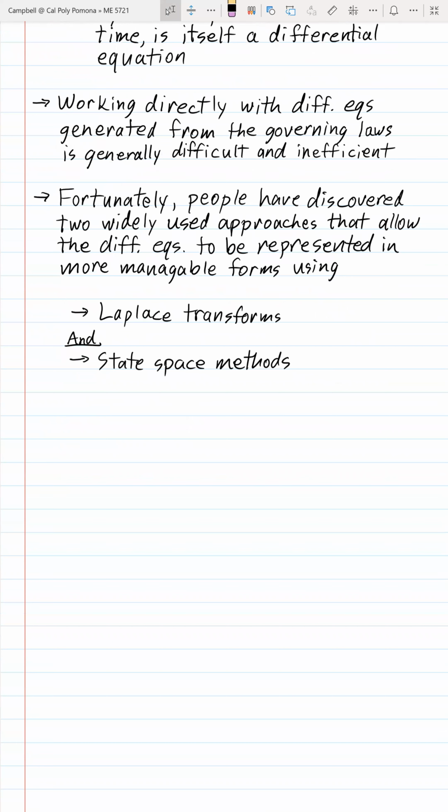So just as a bit of a reminder, and because we are going to continue to compare and contrast between the S domain and the Laplace transform and what we are working with when we deal with these state space methods, let's go ahead and capture the Laplace transform at its highest level.